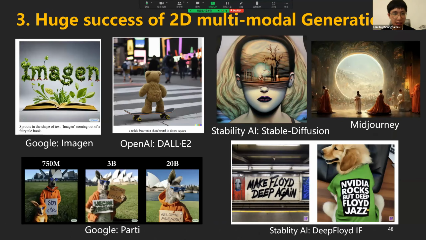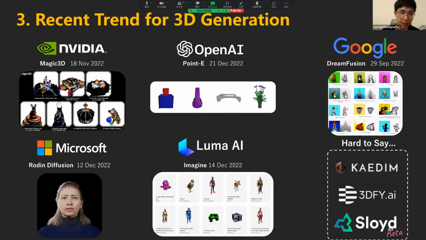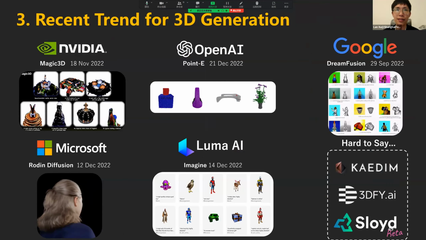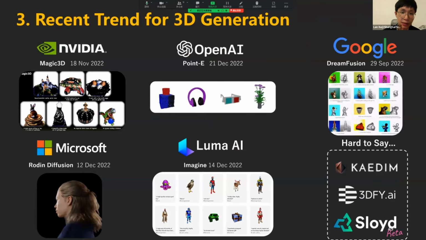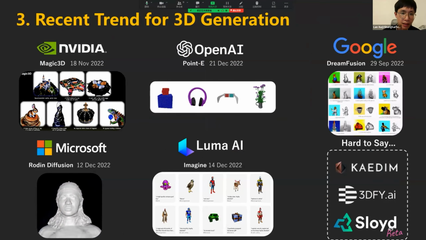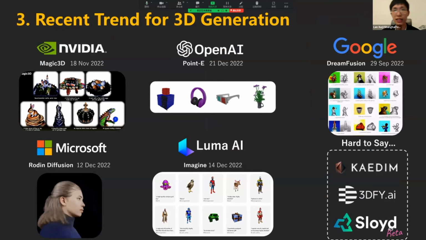We have already seen huge success recently in 2D multimodal generation, like 2D text-to-image generation, right? And this trend also goes into 3D generation for generic objects. And recently, at CVPR this year, we already saw a lot of fantastic work on 3D generation.